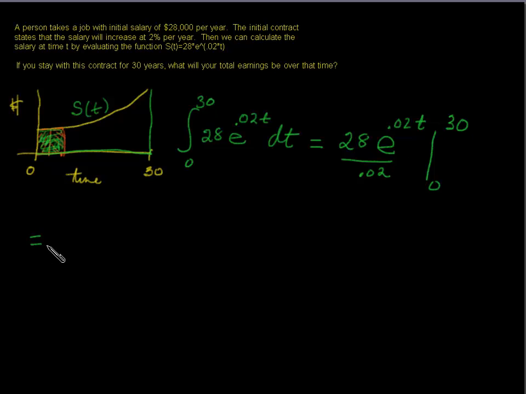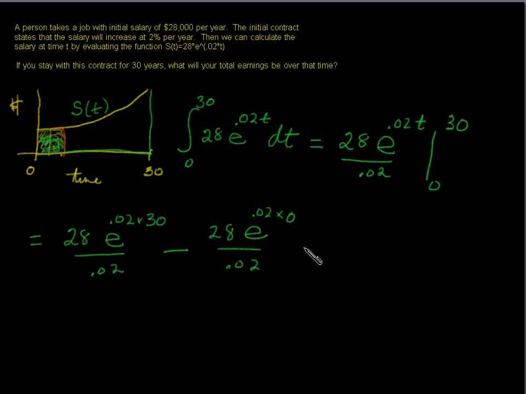So this is going to be my 28 e to the 0.02 times 30 over 0.02 minus 28 e to the 0.02 times 0 over 0.02 is equal to, well, this is going to be e to the 0, so that's going to be a 1.